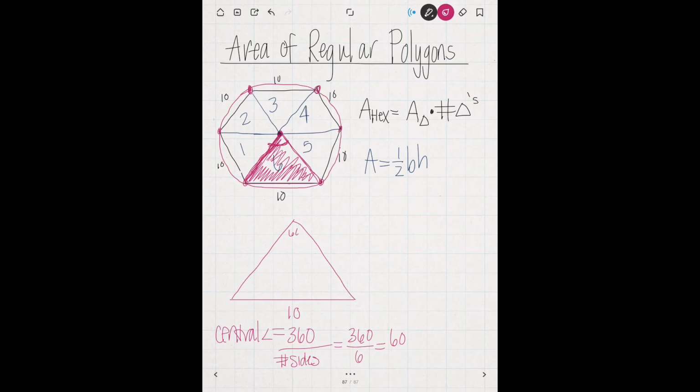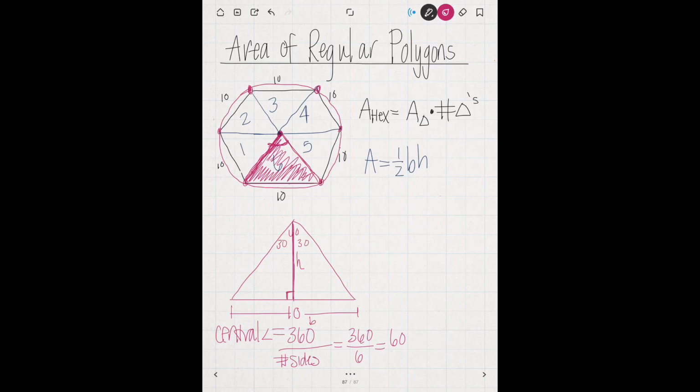So this angle right here is going to be 60 degrees. Now I'm going to split my triangle in half, because this part right here represents my triangle height and this part down here represents my triangle base. If I cut my angle in half, this angle is 30 and this angle is 30.